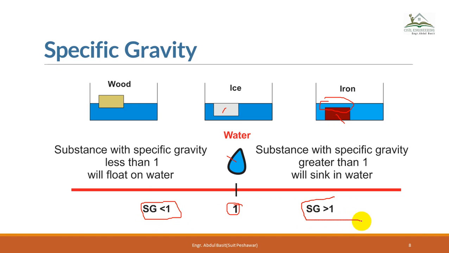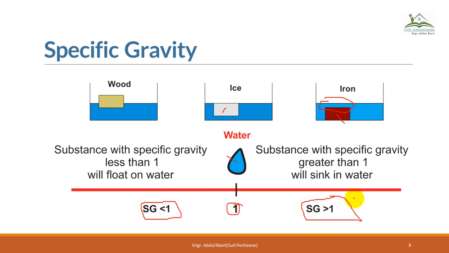All these substances are compared with water. If it has a specific gravity less than water, it will float on the surface of water. If it is equal to water, it will sink and its top surface will be level with the surface of water. And if the specific gravity is greater than water, it will sink completely in water.